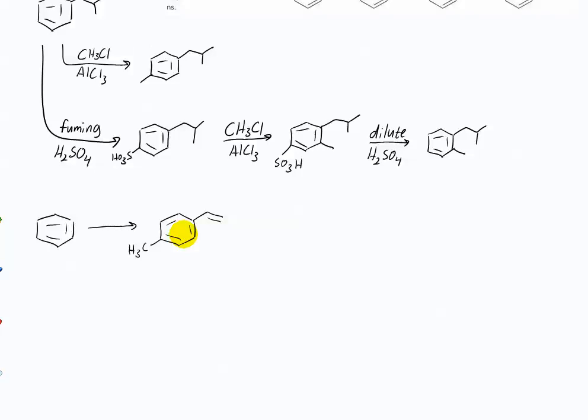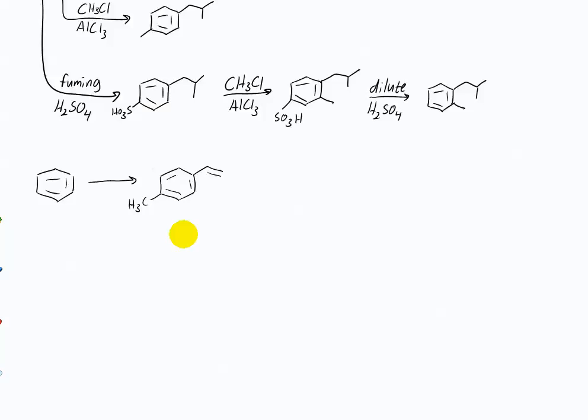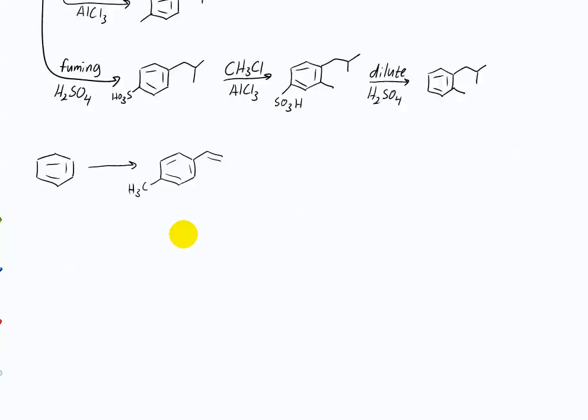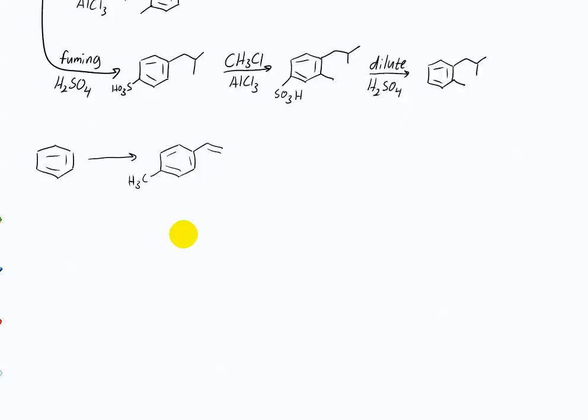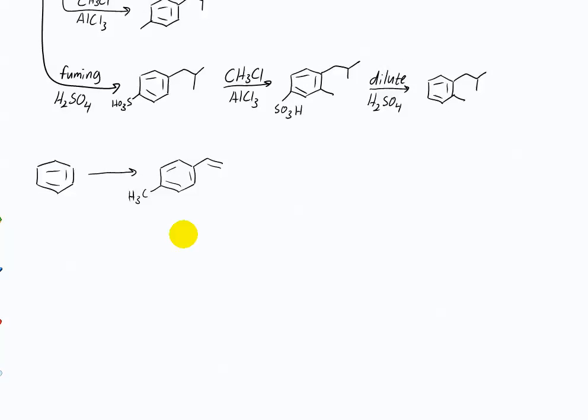Well, how do we get around that? Well, what if we add something very big and then get rid of it? All right. So what if we add, let's see, how do I do this?